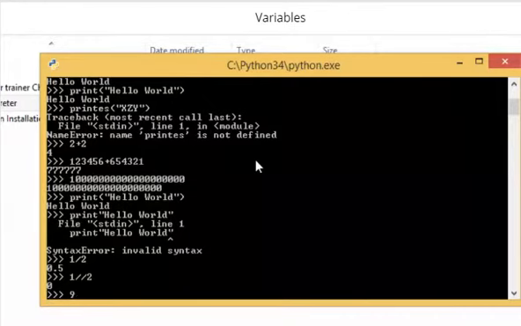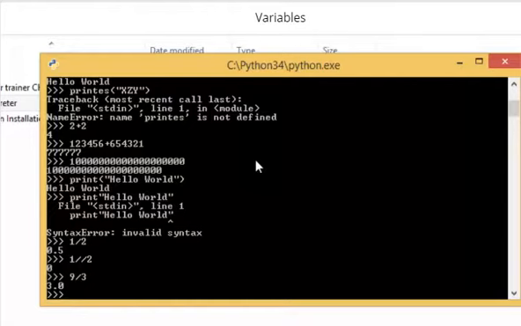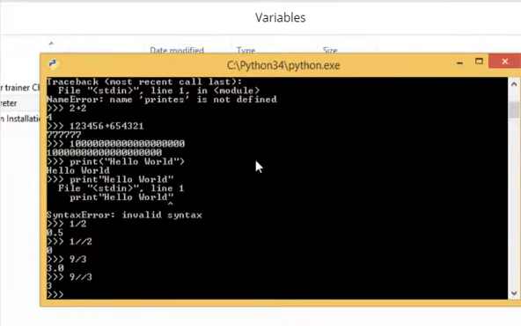So if you write 9 divided by 3, you get 3.0, but with 9 double-slash 3, you get 3, because it converts the result into an integer. You will not see any period or decimal there, because when you use two division signs, it converts that into integers.